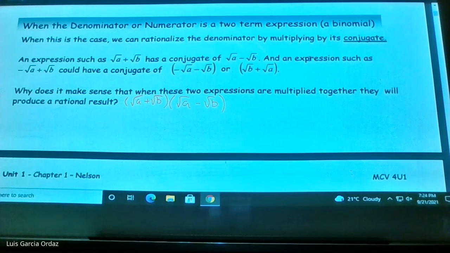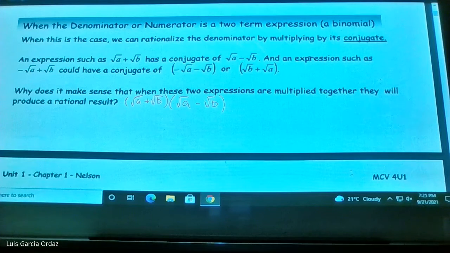What factoring method does this look like when it's factored out? It's a something of squares. Let's see if you guys can notice it. Nope, not a perfect square.